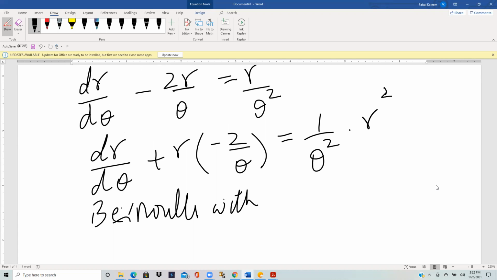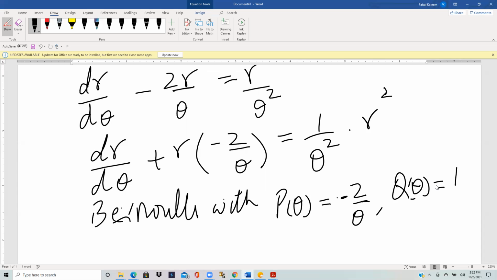So in this case you have p of theta is equal to negative 2 over theta. Q of theta is equal to 1 over theta square, and n is equal to 2.